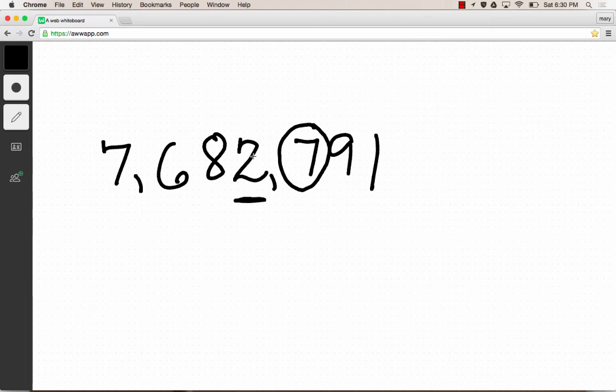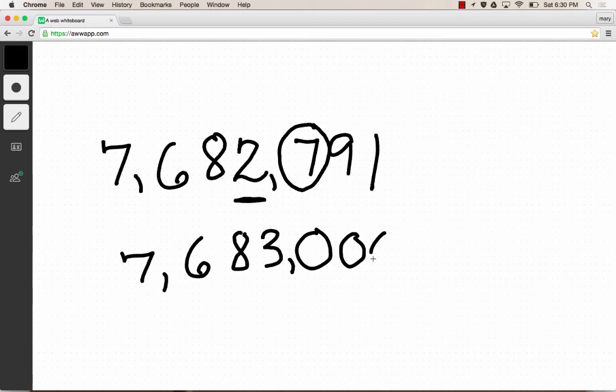This tells me that the 2 needs to become a 3. So I'm going to rewrite my number, 7,683. Everything else up here, we're going to annex zeros. So 7,683,000,000 is your answer. Remember, this number is an exact answer. This one is a rounded answer, and it ends in zeros.